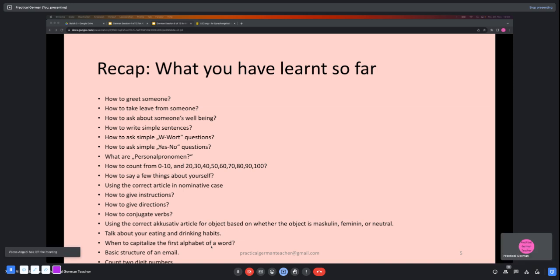When it is a noun, yes. And the formal you, Sie formal, is always capital. Yes, and the third one is obvious: after a full stop, the first word of a sentence, okay?